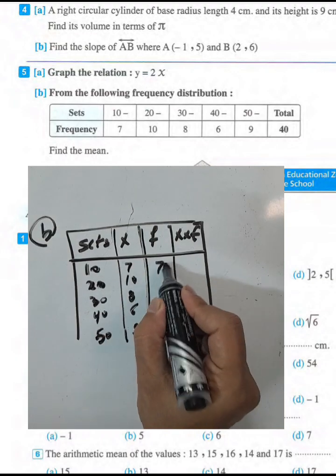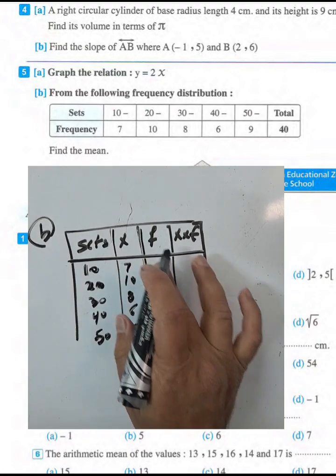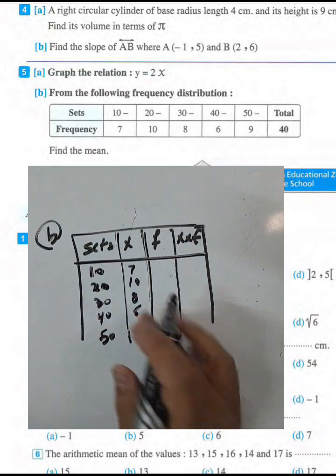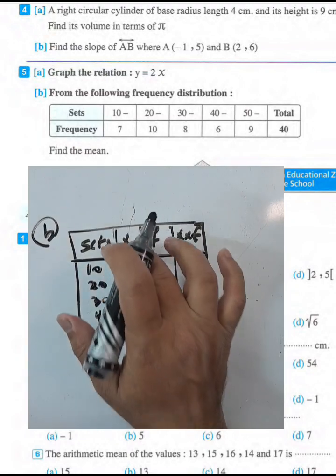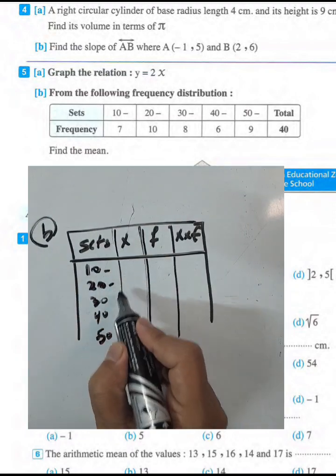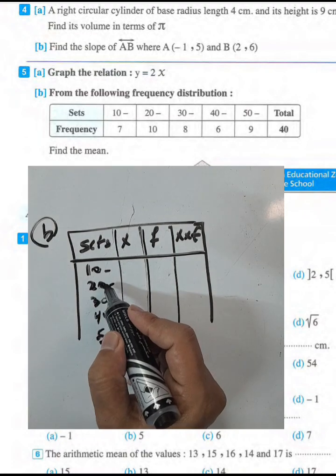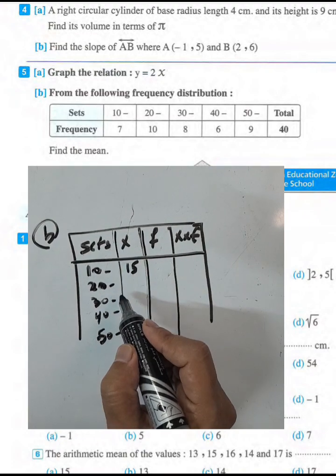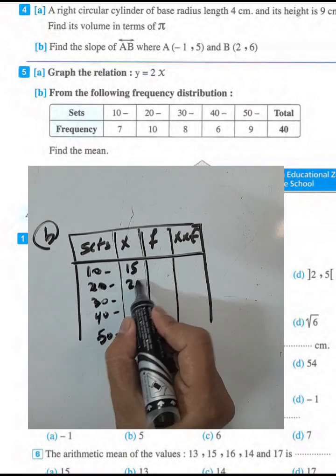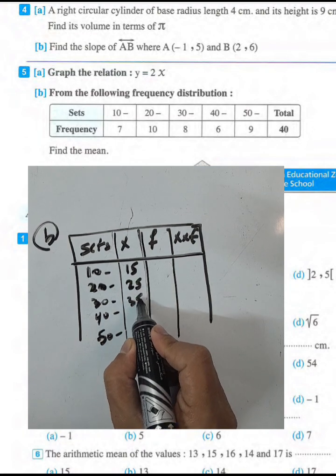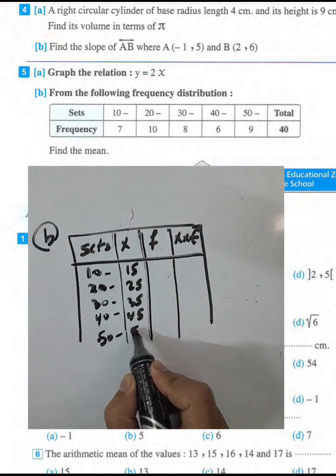7 times 10 equals 70. Okay, first we can find x. Here 10 plus 20 is an interval, 30 divided by 2 is 15. Then the others: 25, 35, 45, 55.